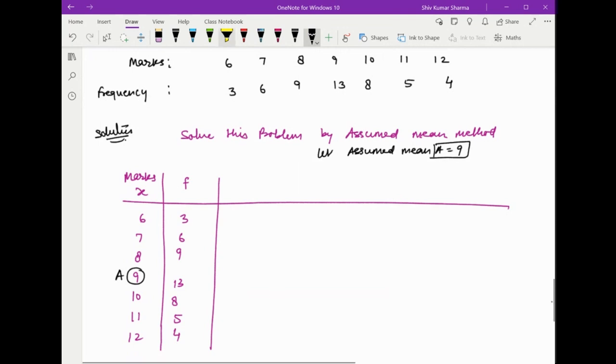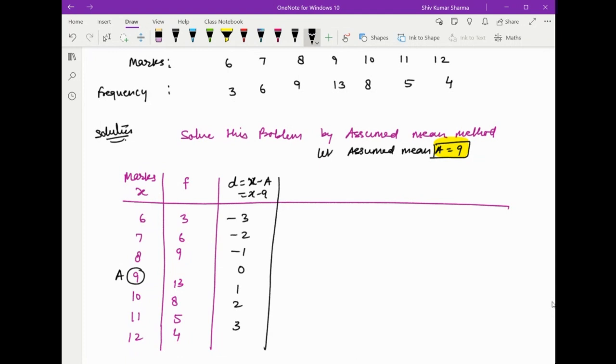Now we calculate the deviation D, which is x minus A, that is x minus 9. So this is minus 3, minus 2, minus 1, 0, 1, 2 and 3.